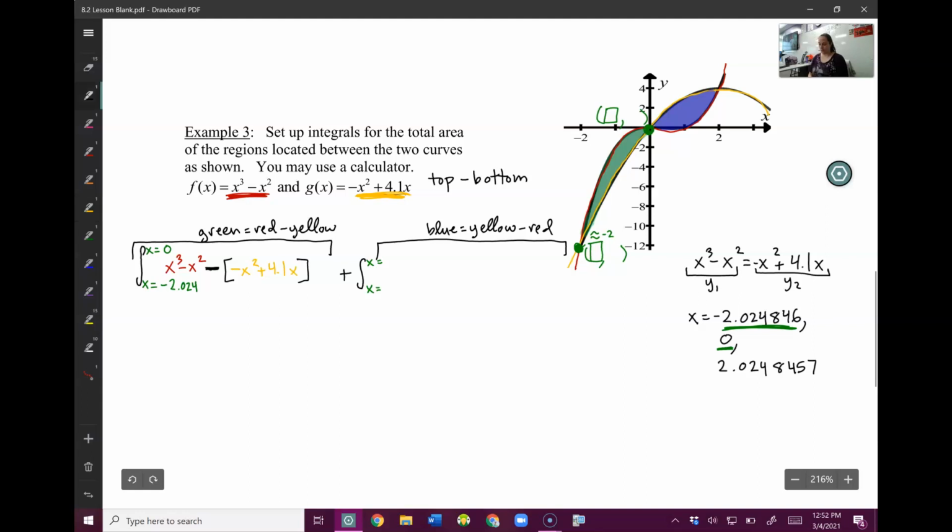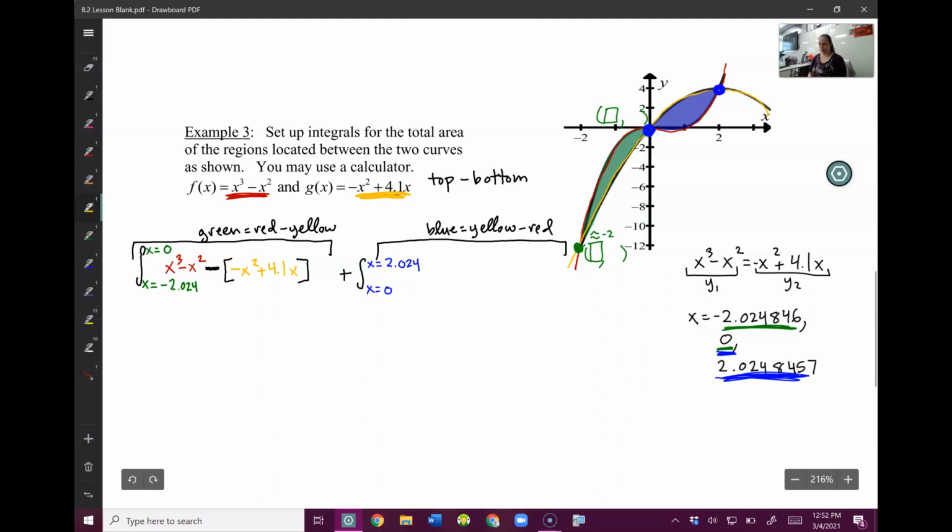And then this one, I have my new limits. Let's do these ones in blue, keep with our color theme. It's going to be this one, which is going to be my 0, and that one right there, which is going to be my next intersection point. So from 0 to 2.024.